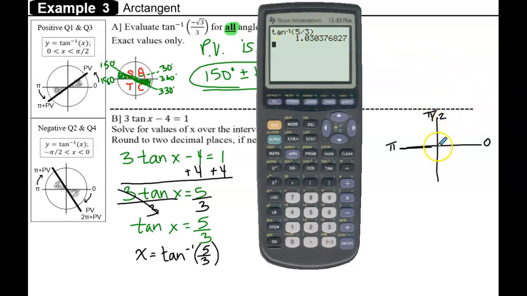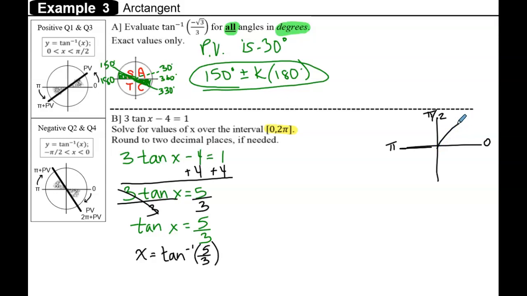So we can see that we're going to be pretty close to pi over 4 here with this quadrant 1 solution. And that is my principal value. So principal value is approximately 1.03, and that's within my interval for my solutions, 0 to 2 pi inclusive. So 1.03 will be my solution from quadrant 1.